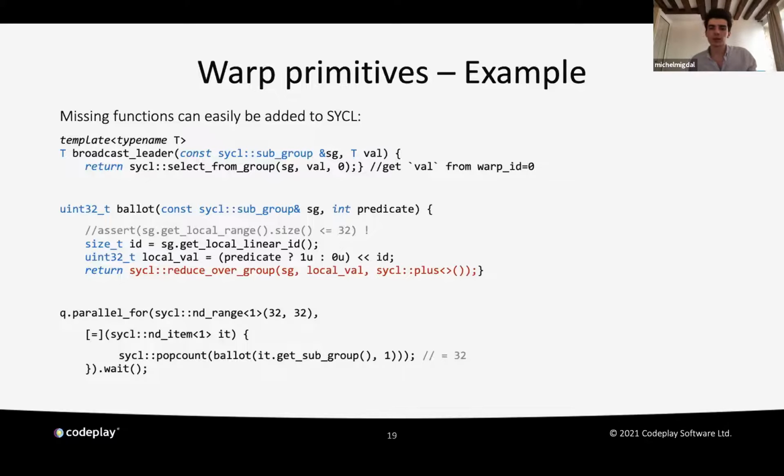Then the SYCL backend, DPC++, will be using local memory, which corresponds to CUDA shared memory, to establish inter-thread communication, which is not documented at first. You cannot query the amount of shared memory which is used, and the performance is very bad on the CUDA backend. So I would just rewrite it with my own shared memory. It works better. You get the native performance, so the algorithm is more optimized for GPU.